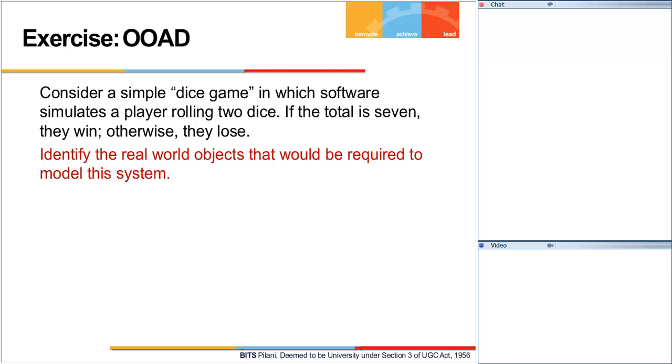Okay, so as I can see, most of you are typing answers. The first one I see is a player, and the other most common one that everybody is putting is a dice.